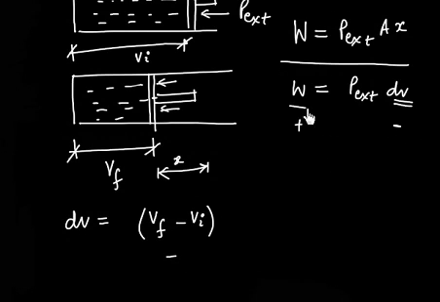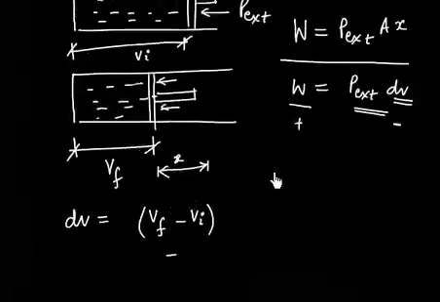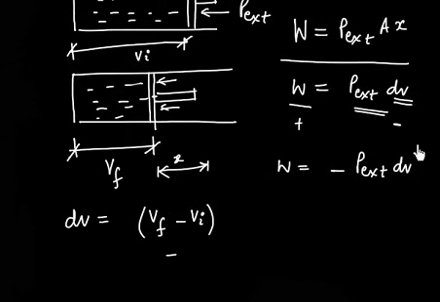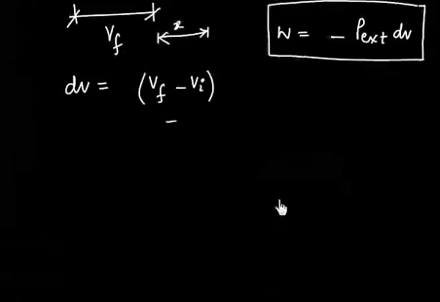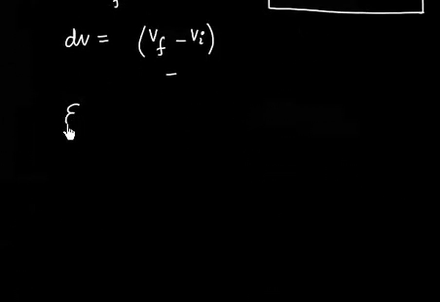So to make the equation sign-wise correct, we again have to multiply by a negative sign, and this time again the work done is minus P external into dV. So now we have an expression for expansion work.